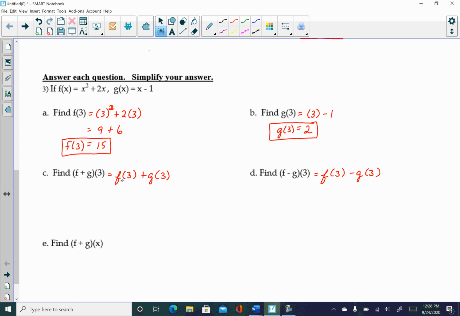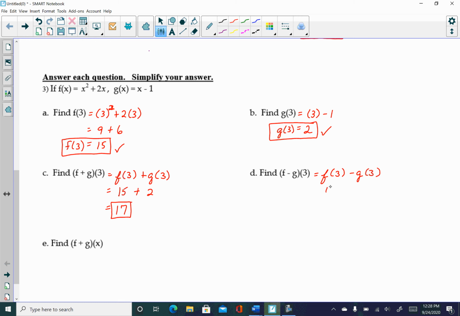And since we've already found those values, we can just plug them in down here and come to our answer much quicker. We now know that f of 3 is 15, plus g of 3 is 2. So adding those two functions together, we have 17. Final answer.